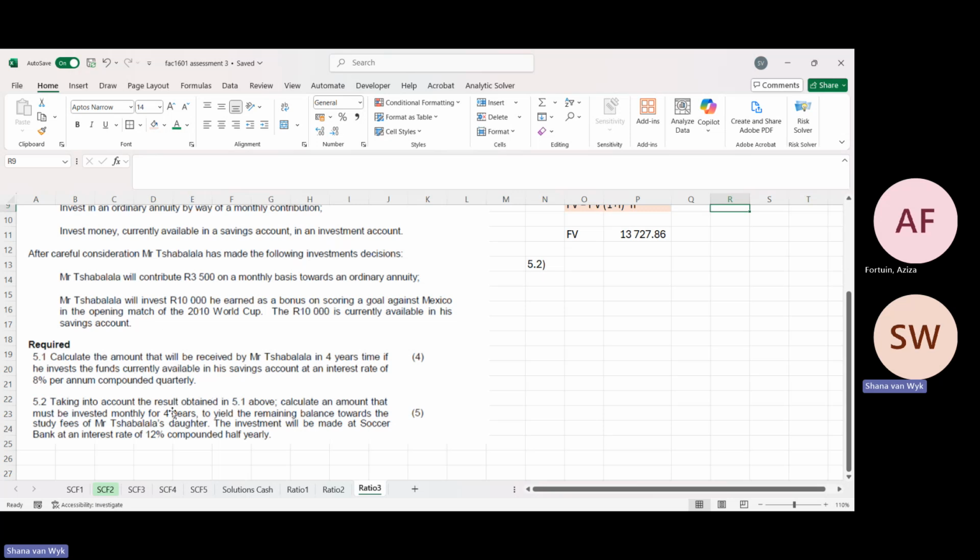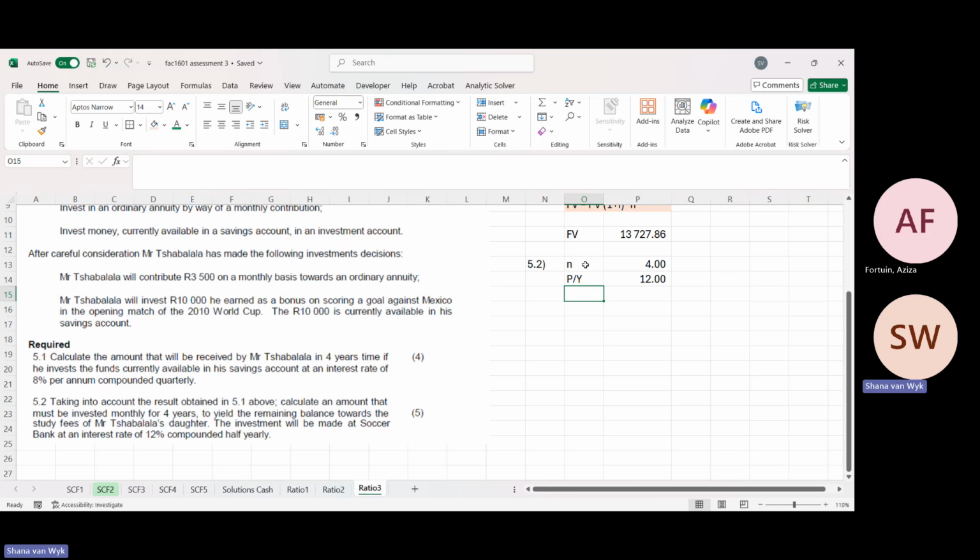It's 9 marks. Okay, calculate an amount that must be invested monthly towards the remaining balance. Monthly for 4 years. So again, N is 4, but it's going to be monthly.